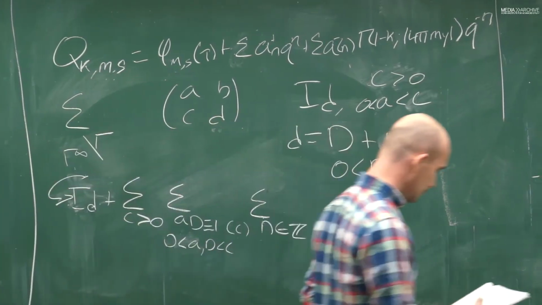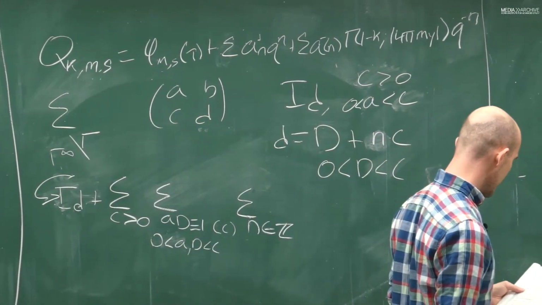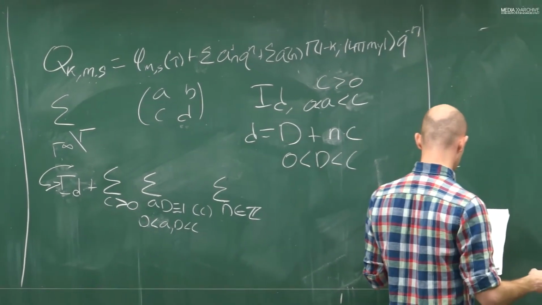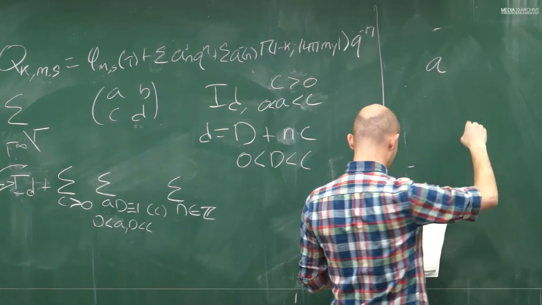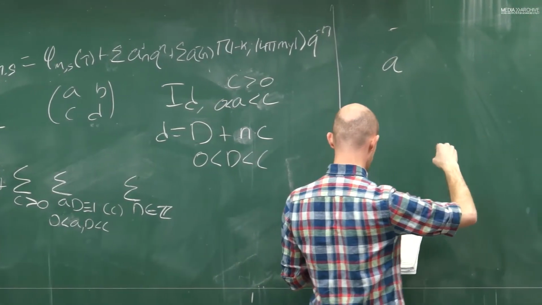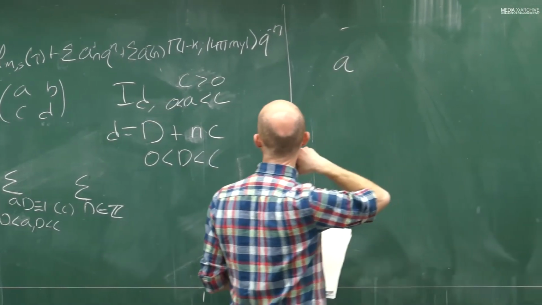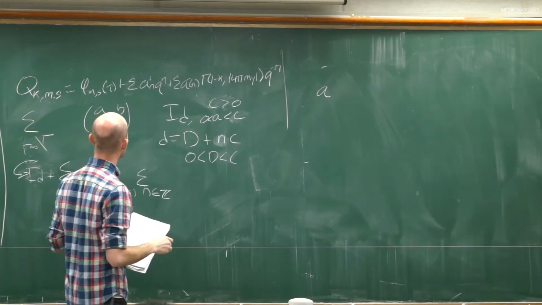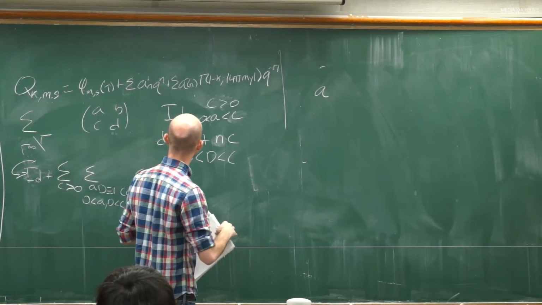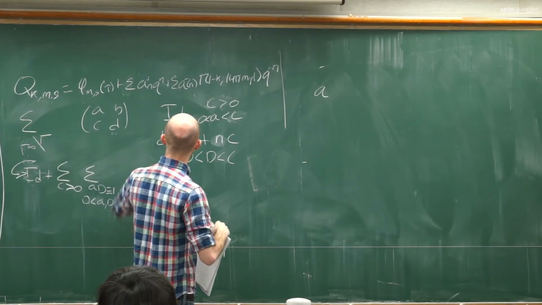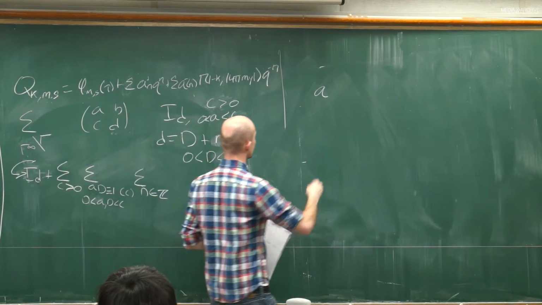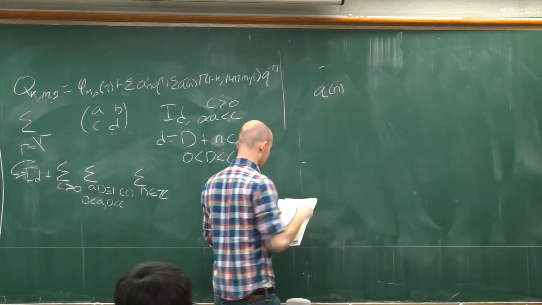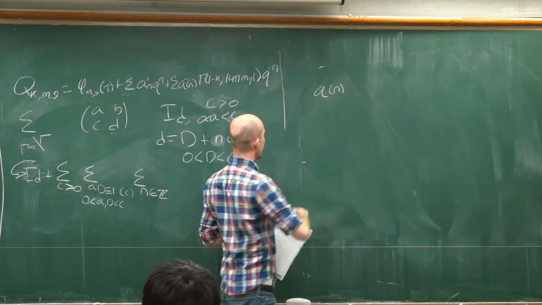Okay. So what this is going to look like, well, okay, so let me just write A of n.